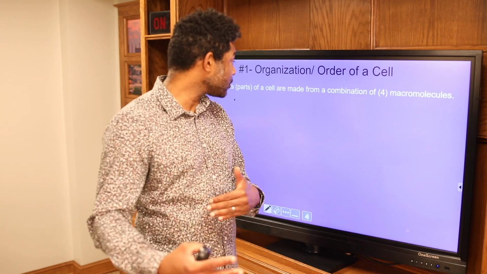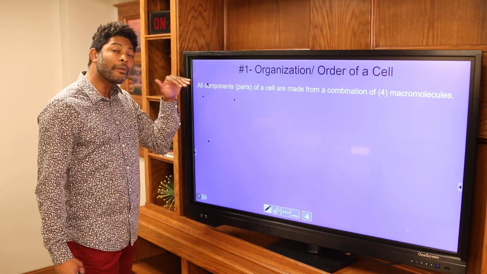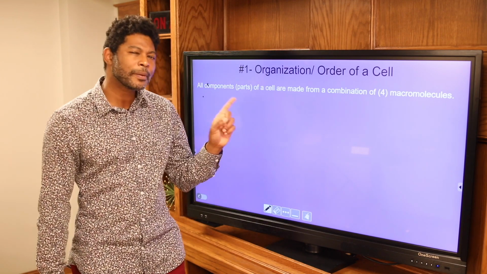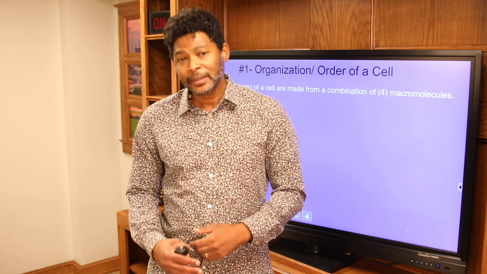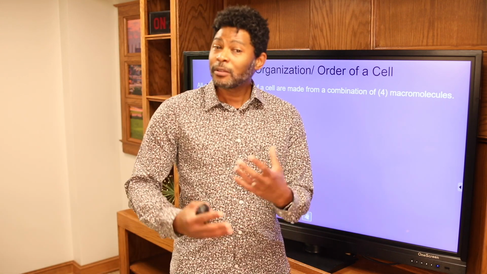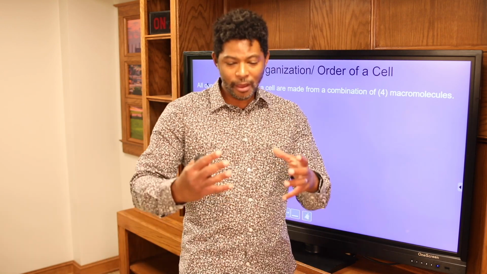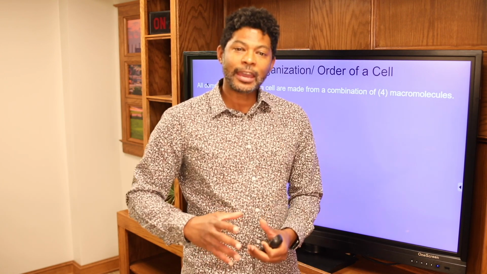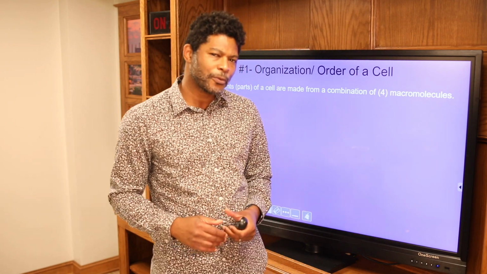All components or parts of a cell are made up of a combination of 4 macromolecules. Macro means large. A molecule is something that has more than one atom. So we're talking about these blocks, these units that have more than one atom, but they make up all these different components of a cell.